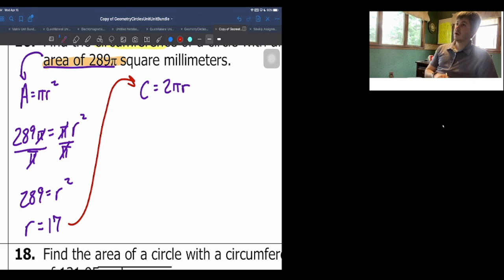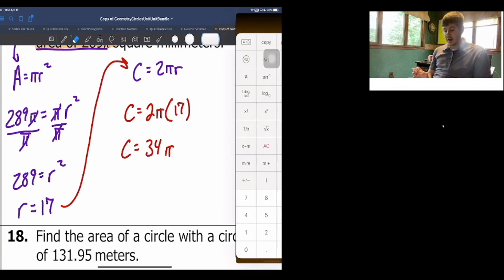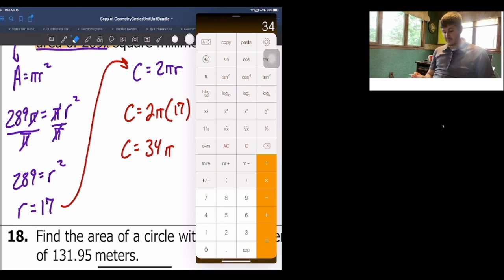We can then plug in up to here. So the circumference equals 2 pi times the radius, which is 17. Circumference equals 34 pi for my value in terms of pi, and then we can just do 34 times pi, and we get 106.8 for both our answers.